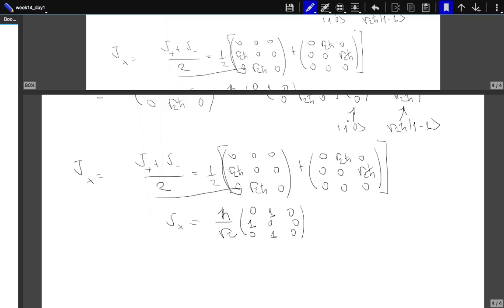This is our Jx. So we have the matrix representation of our operators also.